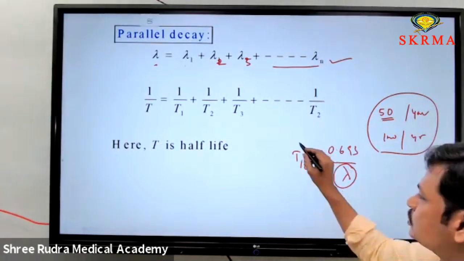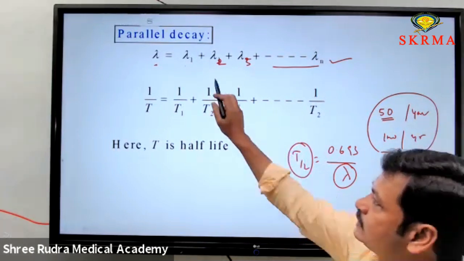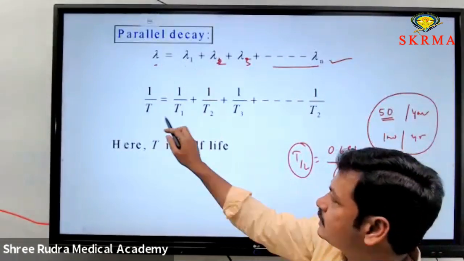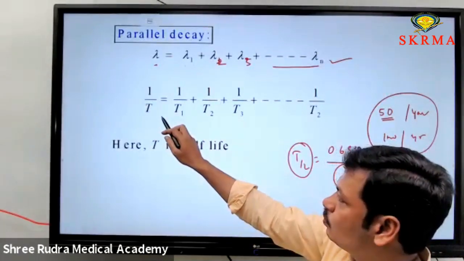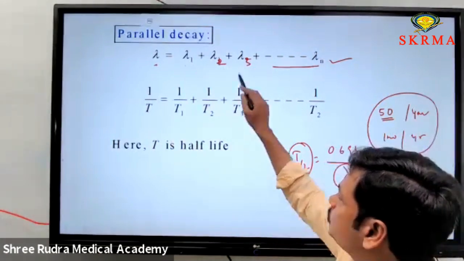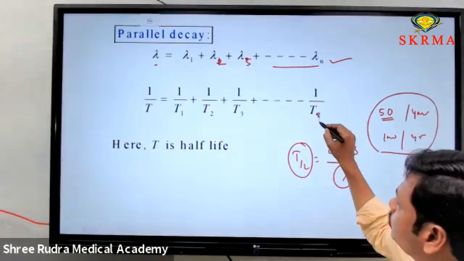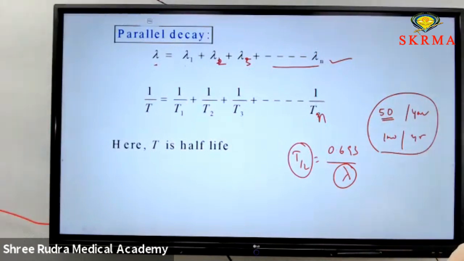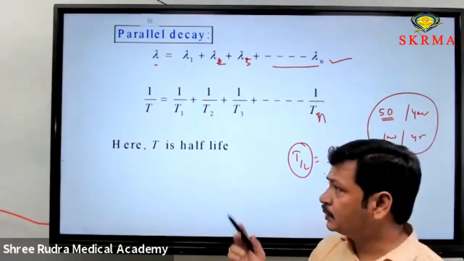This expression can be written as 1 by T equals 1 by T1 plus 1 by T2 plus 1 by T3 and so on up to Tn. Here T represents half-life.